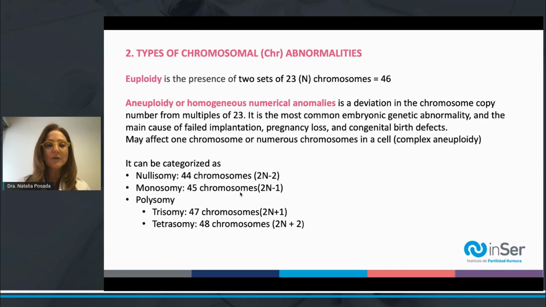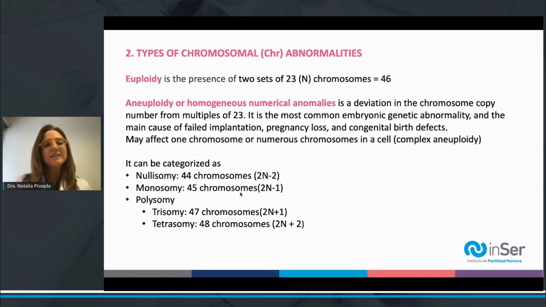Monosomy, of which 45X0, for example, is quite known. In that case, we're missing just one chromosome. Or we can have extra chromosomes, and that's referred to as polysomy. For example, trisomies are cases where there are 47 chromosomes, and tetrasomies have 2 extra chromosomes, or 48 chromosomes total.